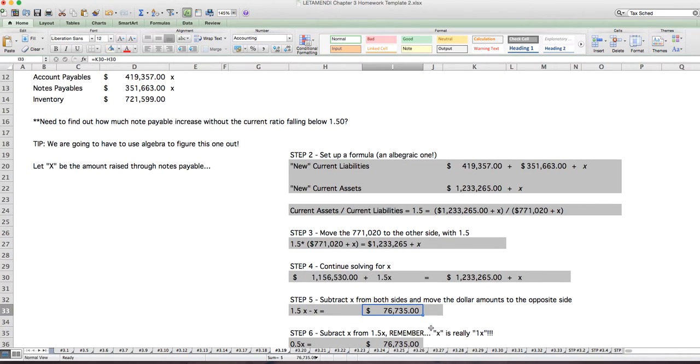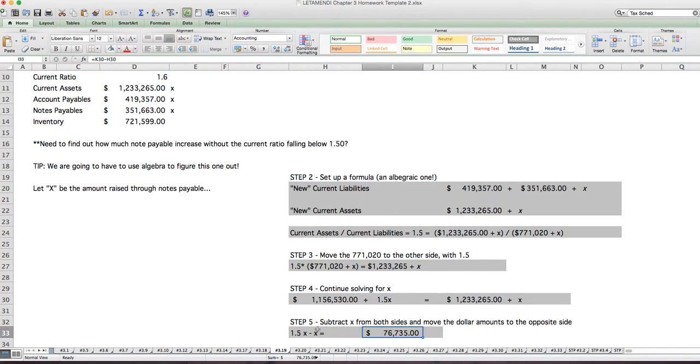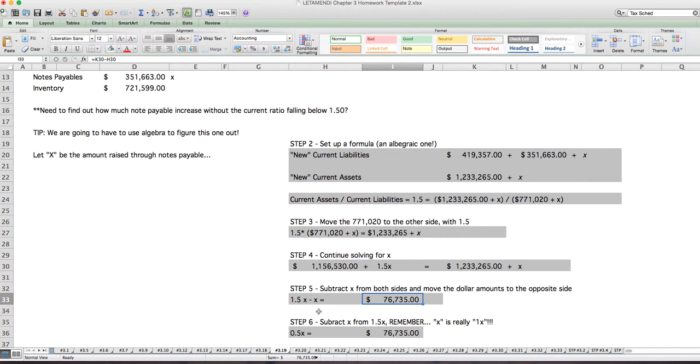Now one tip that I can give you, which came to mind when I was working on this problem: when you're subtracting the x from here, it doesn't cancel out the x. It becomes net minus x, because you have to remember that x is really 1x.